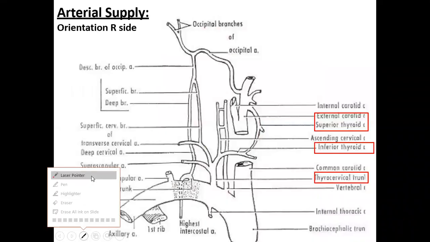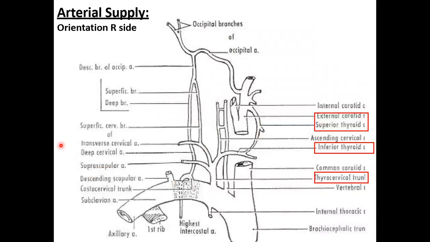Okay, so arterial supply. Recall this is our subclavian artery. And she's highlighted here your thyrocervical trunk. This is part of what I was talking about, the vitamin C and D mnemonic of the branches of your subclavian artery: vitamin stands for vertebral, internal thoracic, and then your thyrocervical trunk.